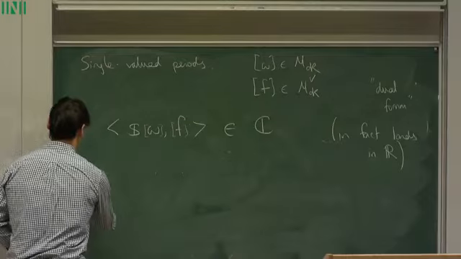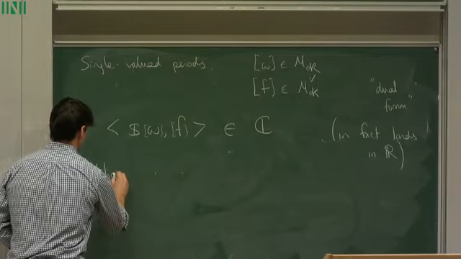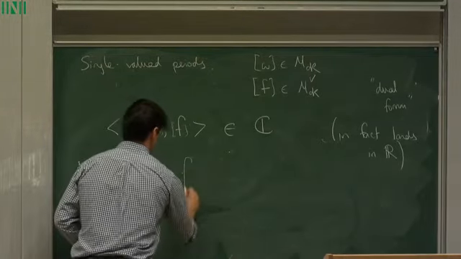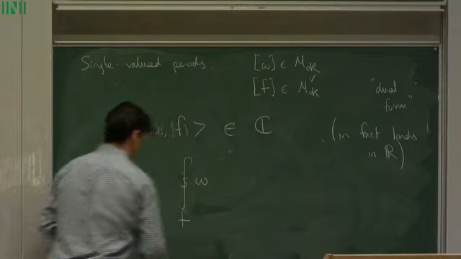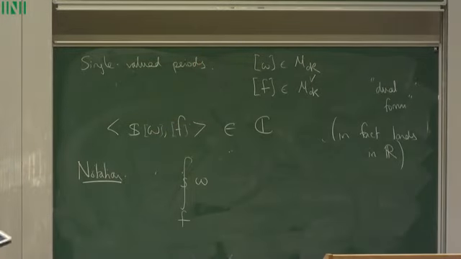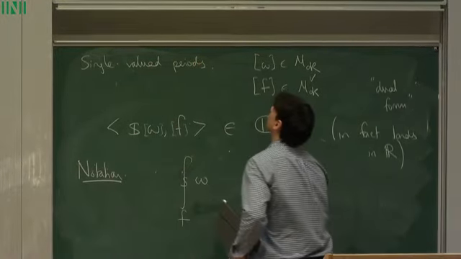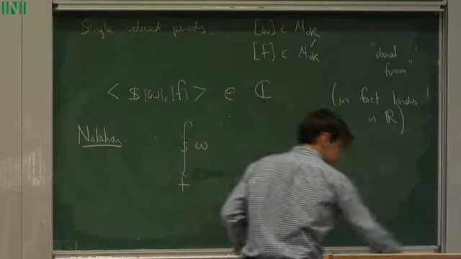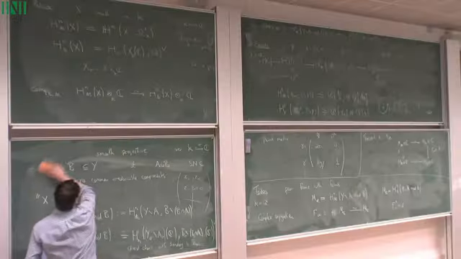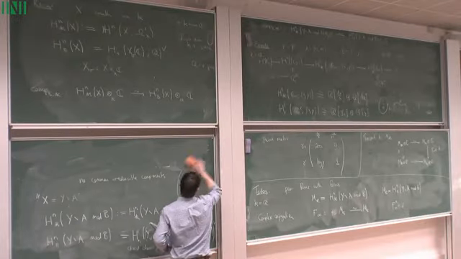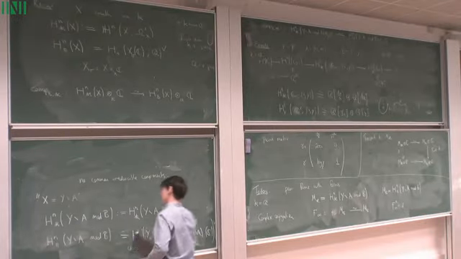And the notation, which maybe leaves a lot to be desired, is the integral of omega along F. Okay. Yeah, so I'll explain that. It is related to that, but it's actually quite subtle business.